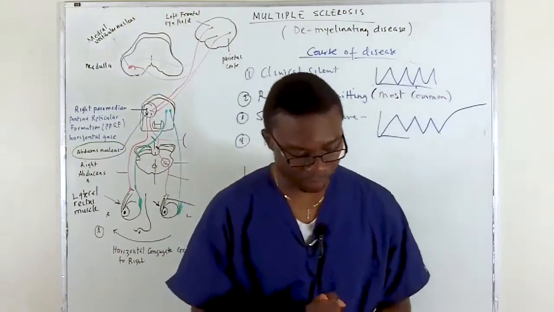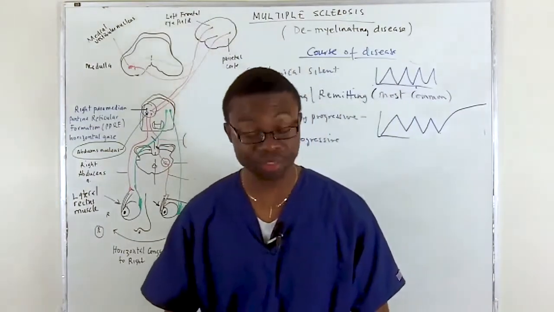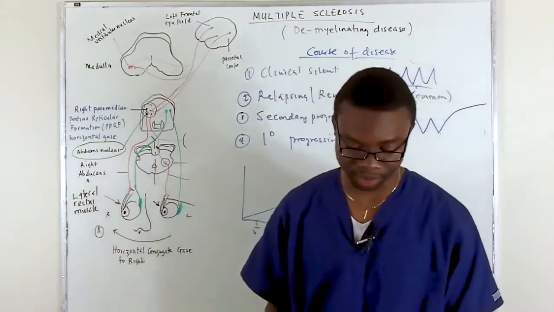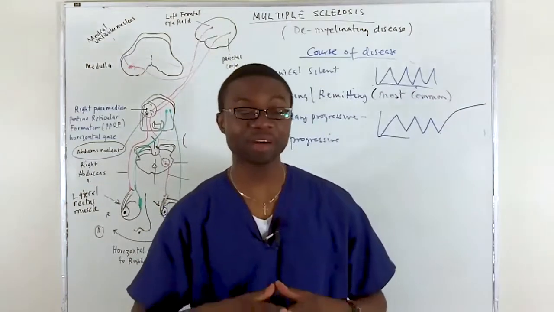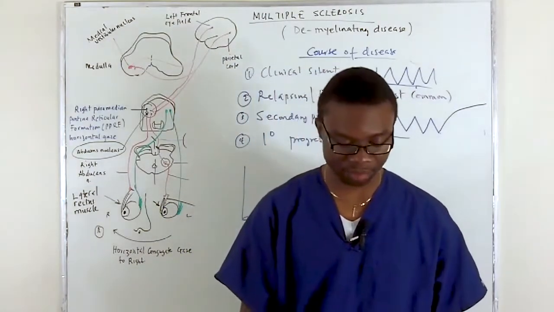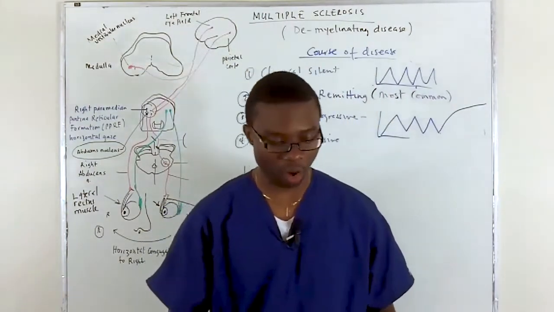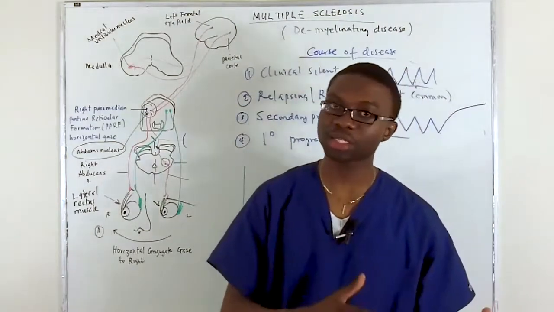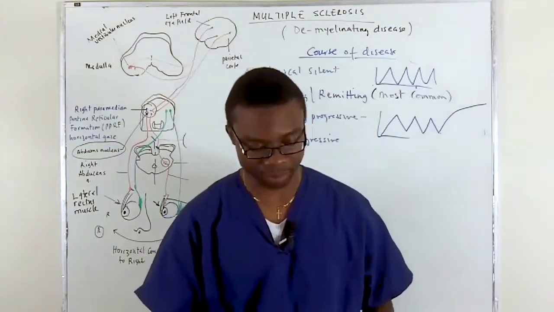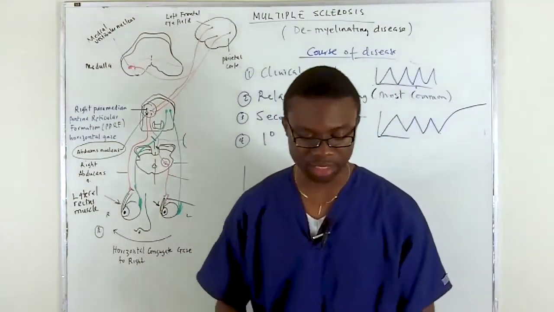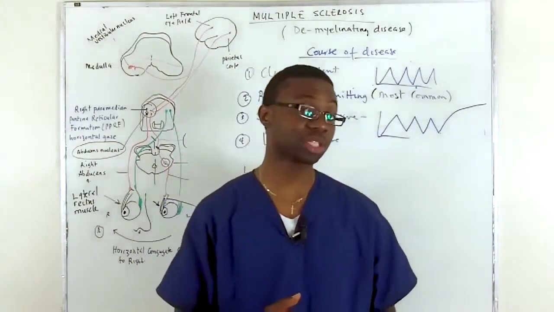Now, patients have an increased risk of developing severe disability if they have a lot of frequent attacks early in the disease course, and also onset that starts at an older age, and progressive course and early cerebellar or pyramidal symptoms.